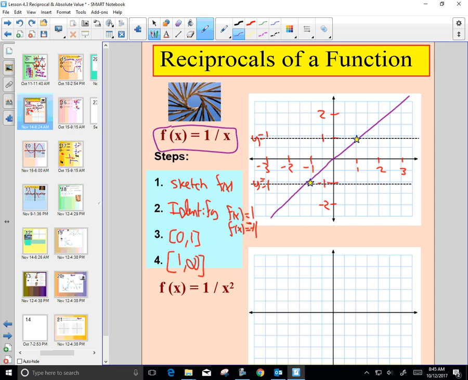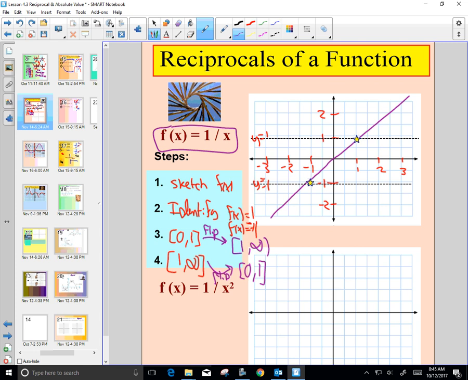What you're going to do with those zones is you're going to flip the 0 to 1 zone to the other, 1 to infinity, or you're going to flip 1 to infinity to 0 to 1. Because, take some numbers. What's 1 over 2? Half, right?